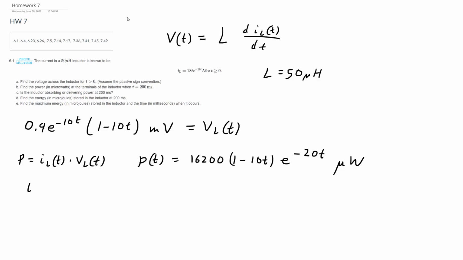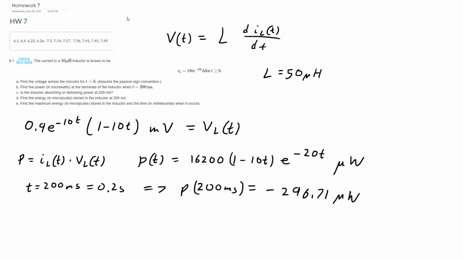So if I plug in t equals 200 milliseconds or 0.2 seconds, I get a power at 200 milliseconds, not microseconds, of minus 29671 microwatts.